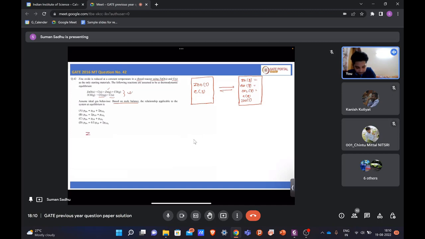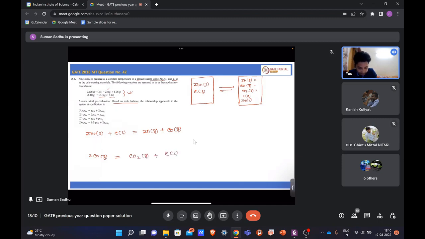For this we first do the mole balance for these two reactions. So now let's write the reactions here. ZnO in the solid form plus carbon in the solid form gives Zn in the gaseous form plus CO in the gaseous form. The second reaction is 2 moles of carbon monoxide in the gaseous form forming 1 mole of CO2 in the gaseous form plus 1 mole of carbon.